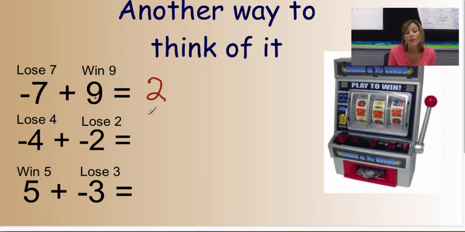Or if I made a bet and lost $4 and then made another bet and lost another $2, I would get a total of $6 in the hole. Or if you pulled the slot machine 5 times and you won, but you pulled it 3 more times and you lost, 5 wins plus 3 losses would give you a net of positive 2 or 2 wins. So it's different ways to think about it.